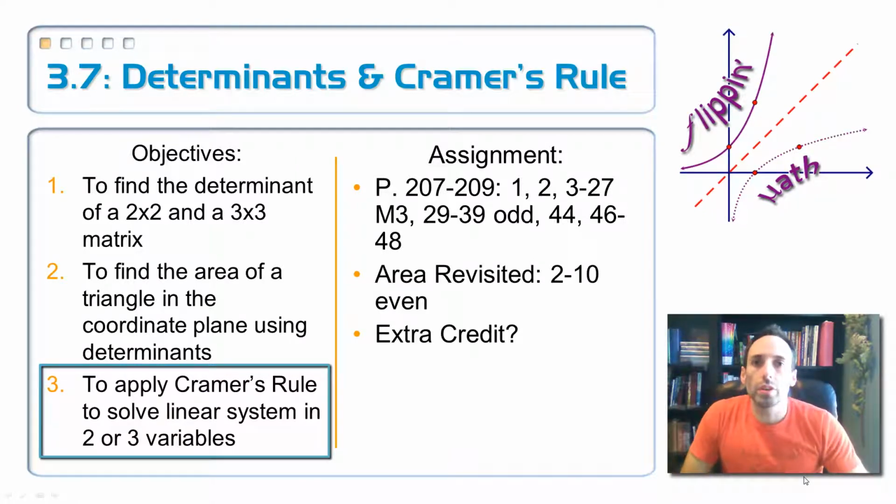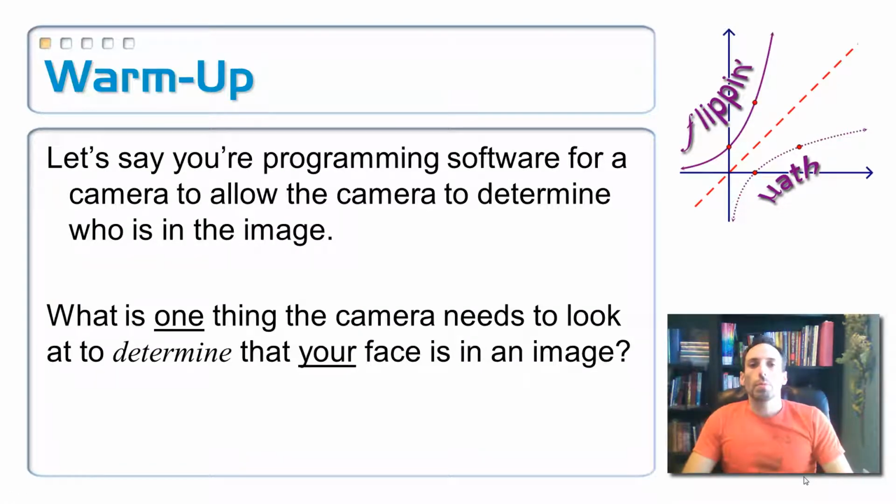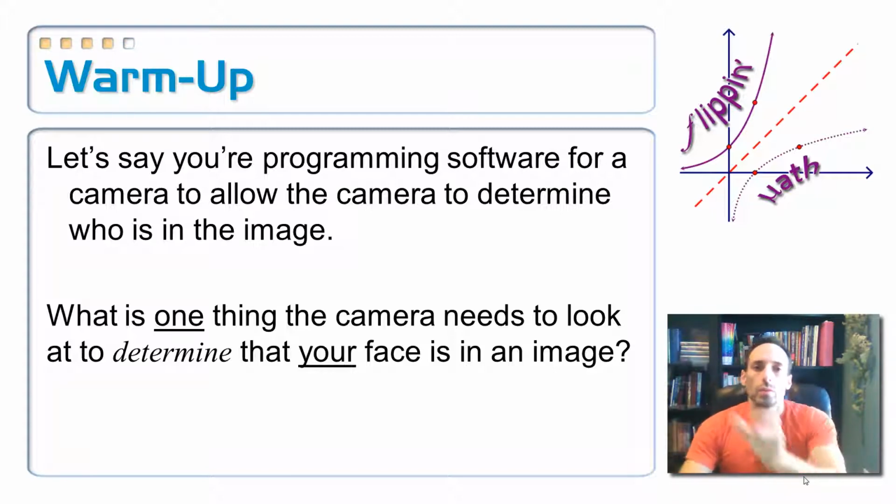So before we start with determinants, let me ask you a question. So let's say you're programming software for a camera to allow the camera to determine whoever is in the picture, right? And there is software like this. There is an app called Recognizer, I believe, that when you hold it up to somebody's face, it goes, oh, yeah, that's Jim, or whoever it is.